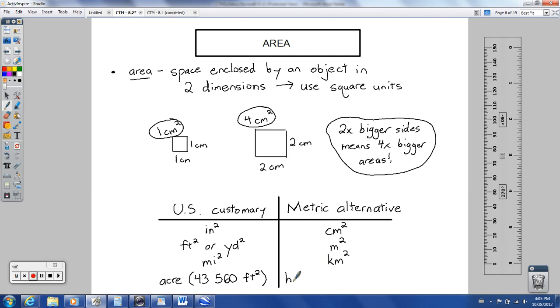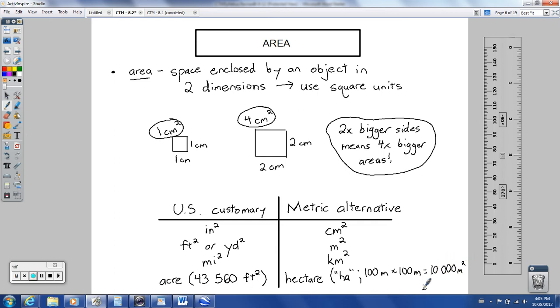A similar type of measurement in the metric system is called a hectare, abbreviated ha, and it equals 100 meters times 100 meters, or in other words, the same thing as 10 000 square meters.